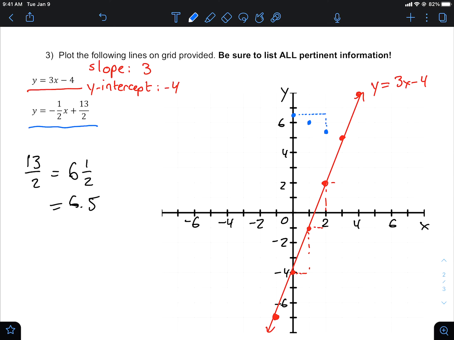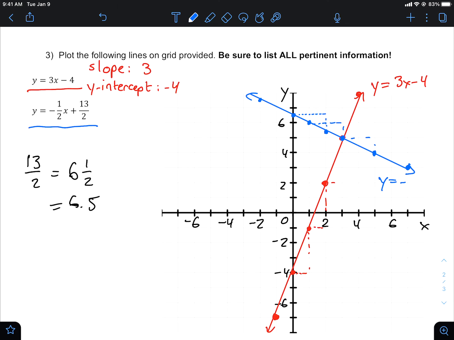But then you can take from either point and just go 2 across, 1 down, 2 across, 1 down, 2 across, 1 down, and so on. That'll be more than enough points again to plot the line. So our line's going to look something like that.